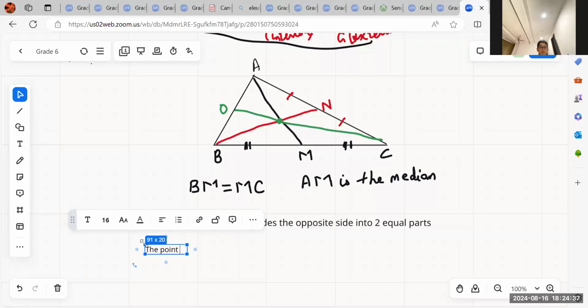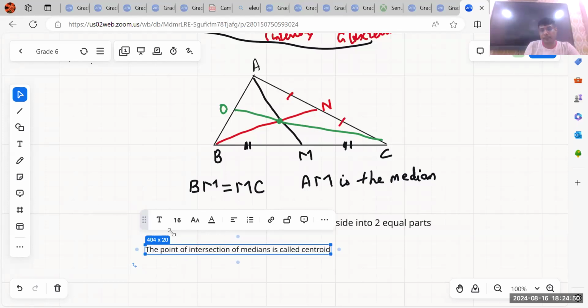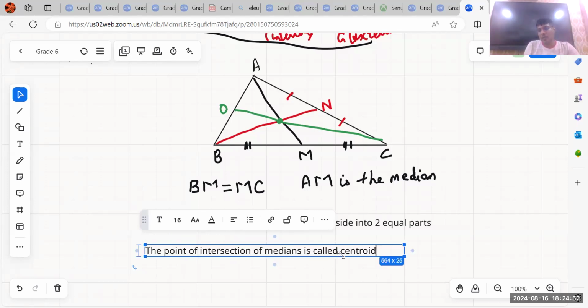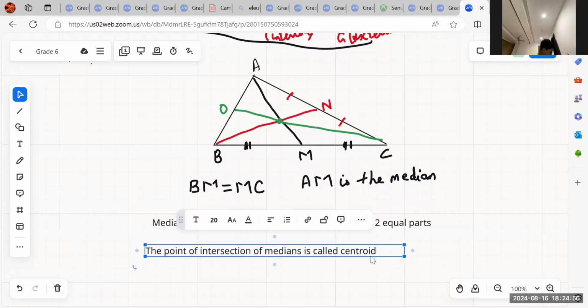The point, beta, only 3 medians are there. The point of intersection of medians is called the centroid. Is called what? Centroid. Yes. Of the triangle or just centroid.